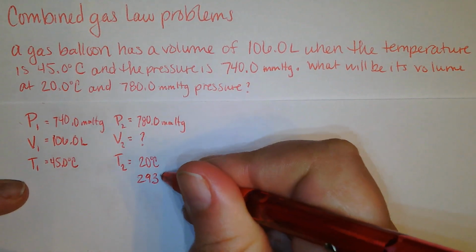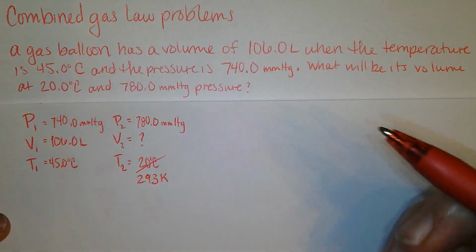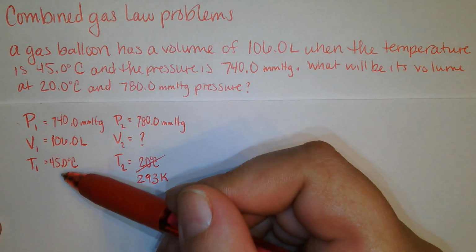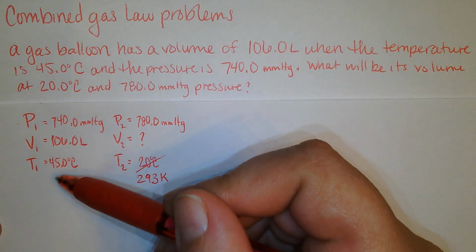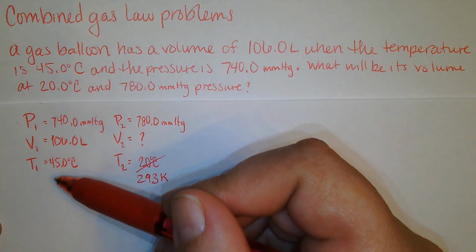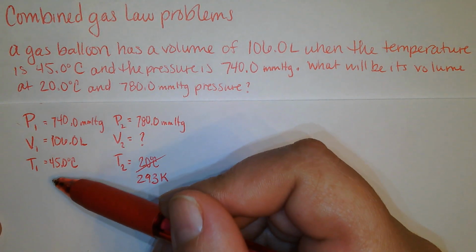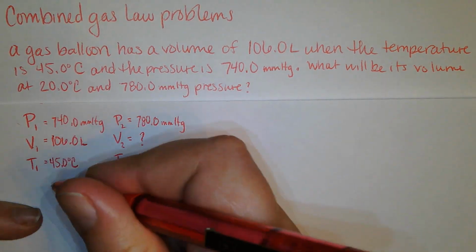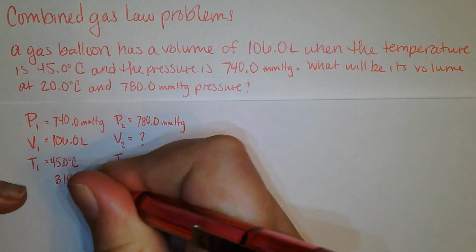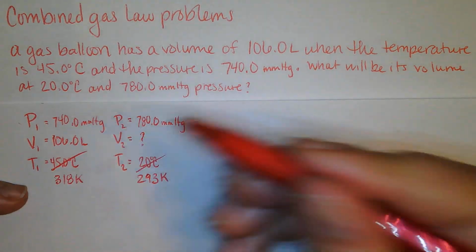That's easy enough. 293 Kelvin. And 273 plus 45 is 318. 318 Kelvin. Okay?